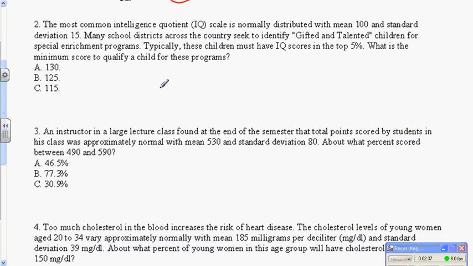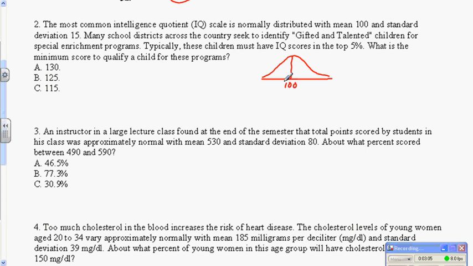Number 2, the most common intelligence quotient scale is normally distributed with a mean of 100. Again, drawing it out is very helpful. Many school districts across the country need to identify gifted and talented. Typically, these children have IQ scores in the top 5%.